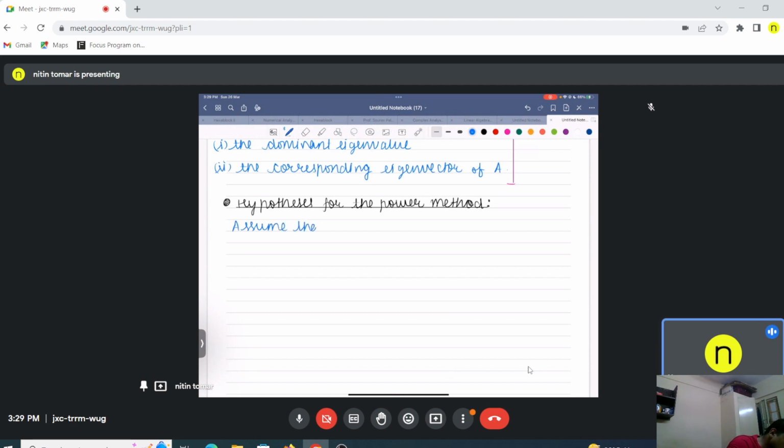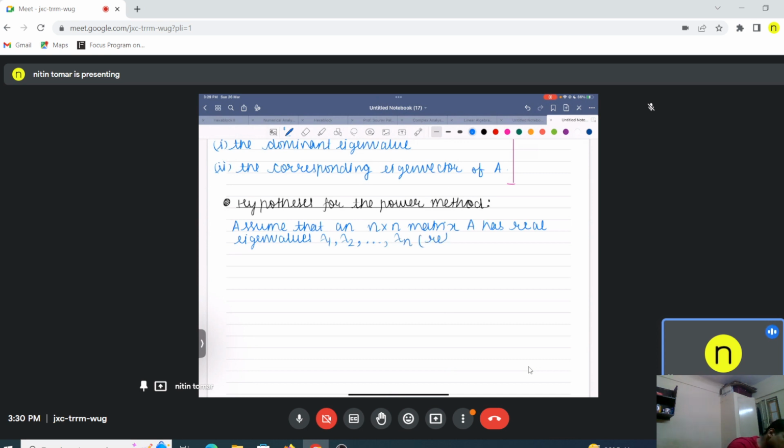Now assume that an n cross n matrix A has real eigenvalues lambda 1, lambda 2, up to lambda n.